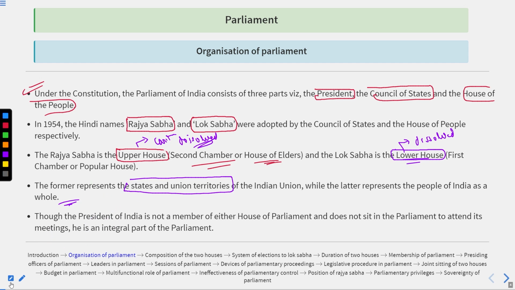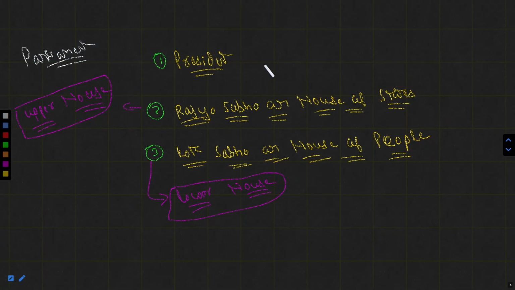And the president is not a part of either house, he is an integral part. That's why he is not required to sit and speak and take part in the parliamentary proceedings either in Rajya Sabha or in the Lok Sabha.